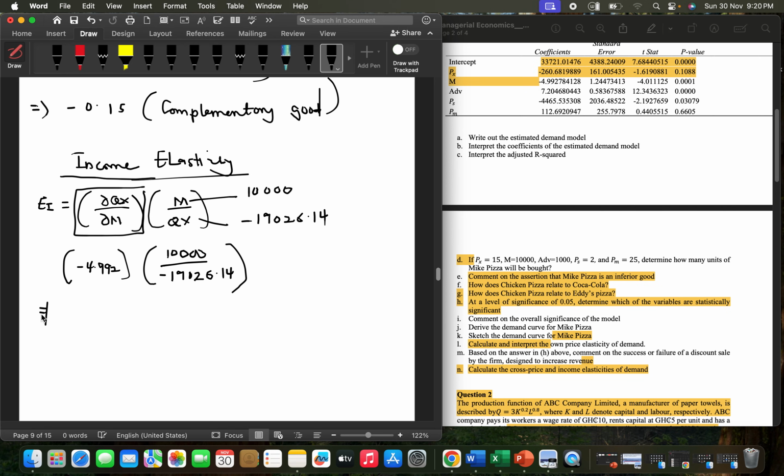So when you punch this into the calculator, we are going to get 2.62. If it's negative, inferior good. If it's positive, it's a normal good. So this is a normal good. Yes, so that's how we solve this particular question.